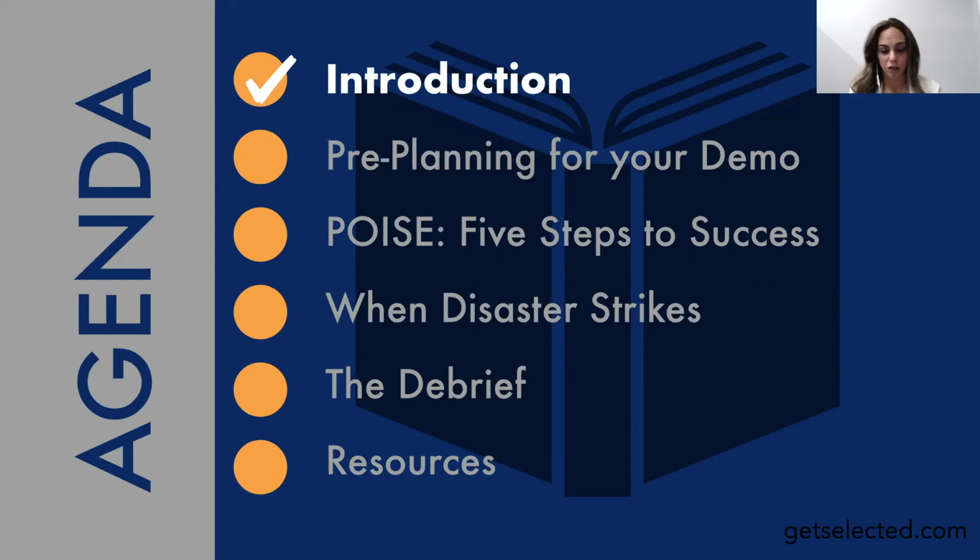Then we'll get into POISE, an acronym that we created to help teachers remember the 5 steps to delivering an excellent demo lesson at a school. Then, when disaster strikes, hopefully it doesn't, but if things don't go the way that you planned, what to do, how to save it. It absolutely can be saved. Finally, the debrief, so how to discuss how your demo lesson went at the end of it, and then some additional resources that might help you.